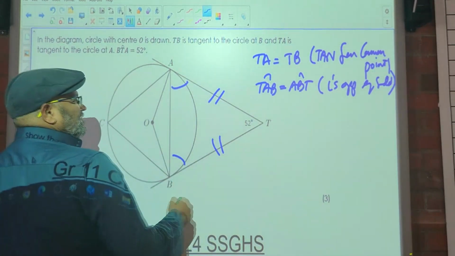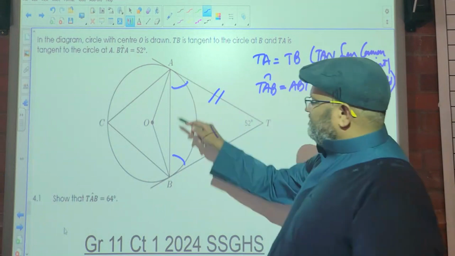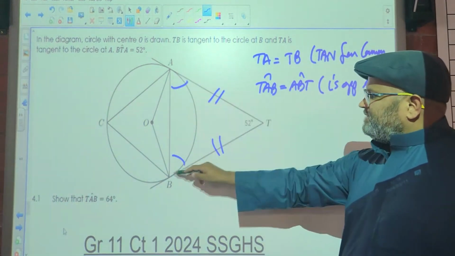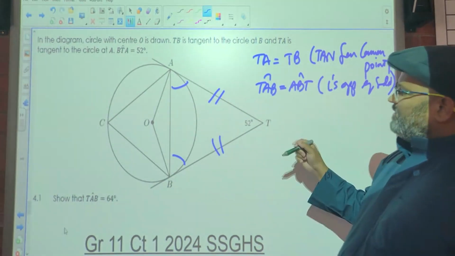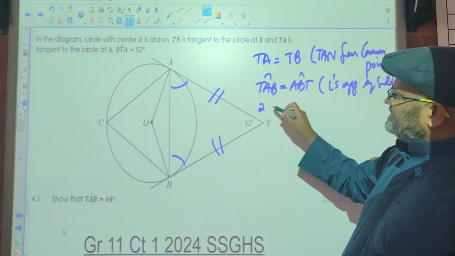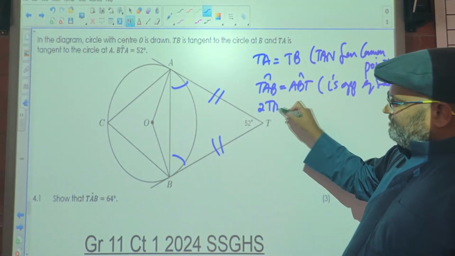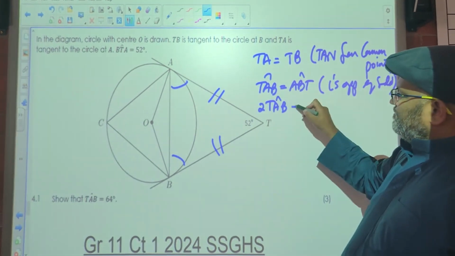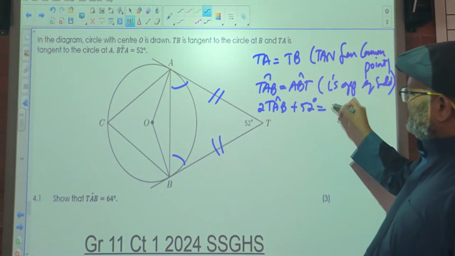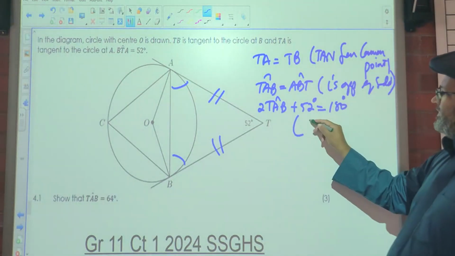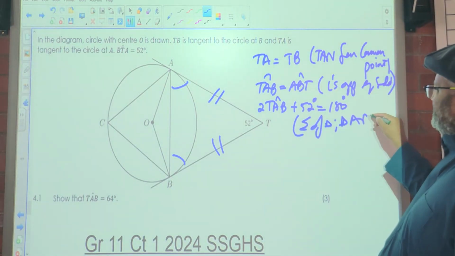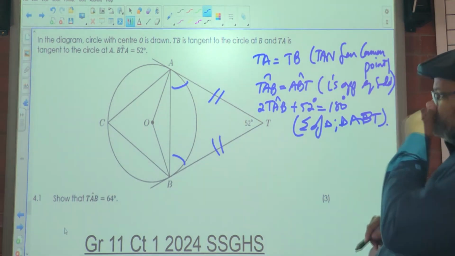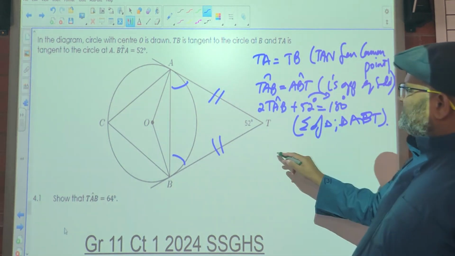Now we can say that TAB plus ABT, which is the same, plus 52 is equal to 180. So I can just say twice TAB plus 52 degrees is equal to 180. Why? Sum of angles in a triangle, and it's triangle ABT. So you take it over the equal sign.